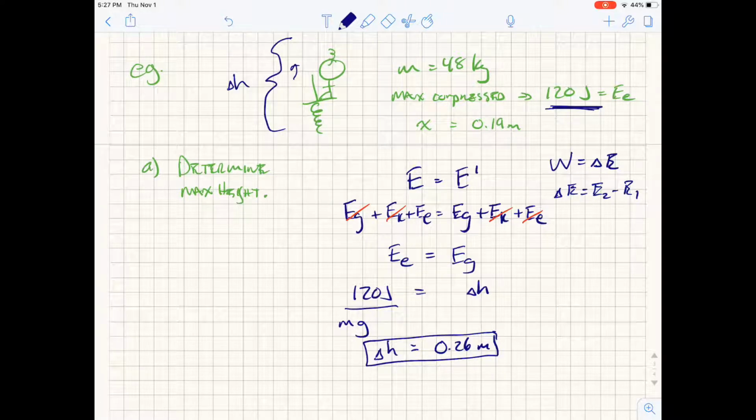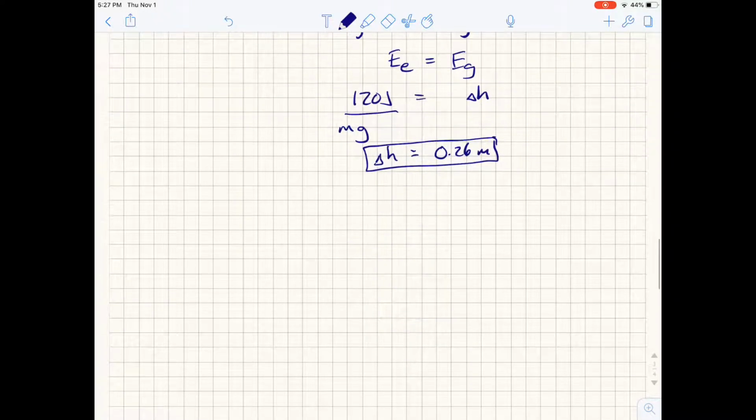When the spring is at equilibrium, all of the EE becomes zero, and all the energy goes into the other two, EG and EK. We could calculate that, but I think instead we're going to move on to situation number 3.